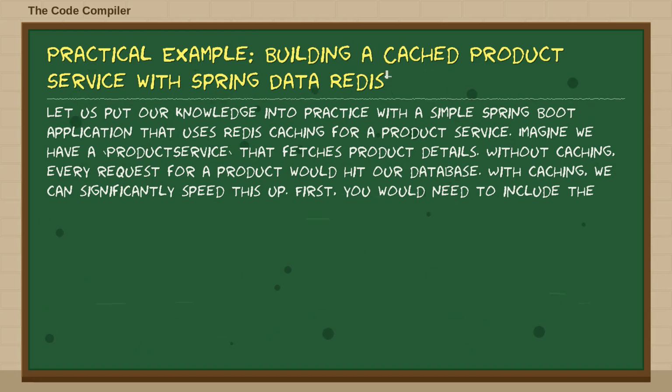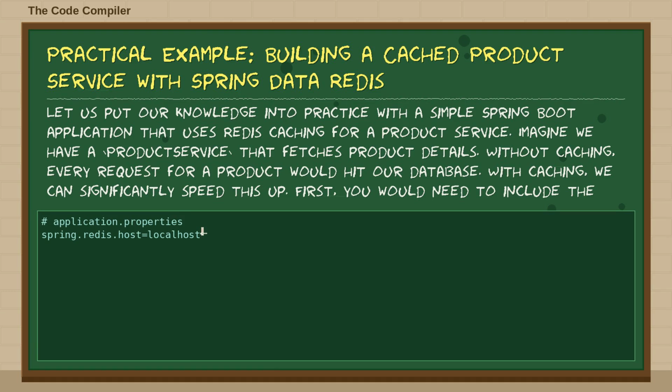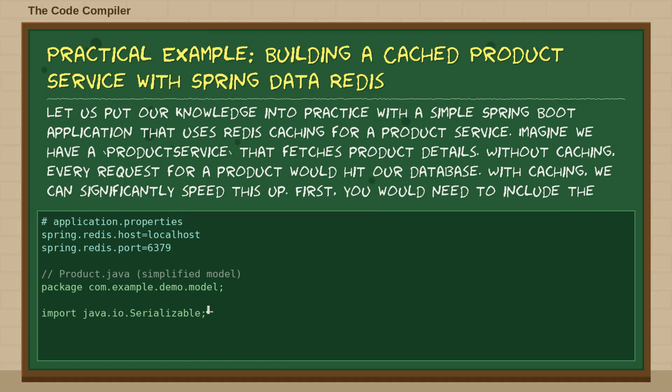This way, each product is cached uniquely. When you run this application, the first time you request a product, it will come from the database. But subsequent requests for the same product will be retrieved instantly from the Redis cache. This is a powerful demonstration of how simple it is to integrate Redis caching.